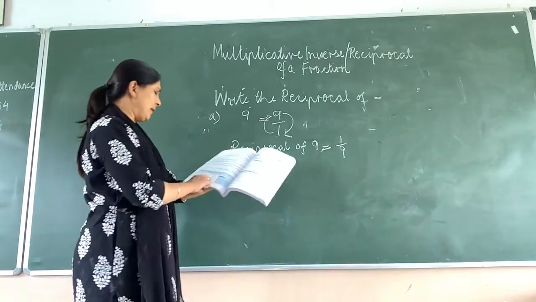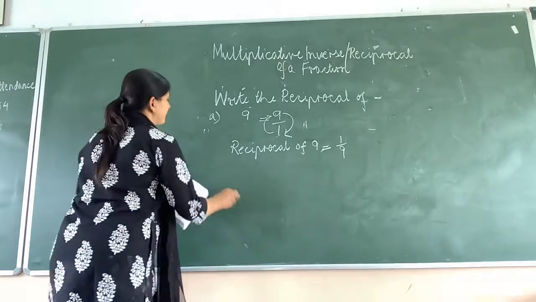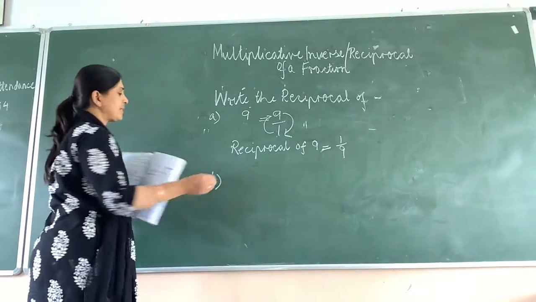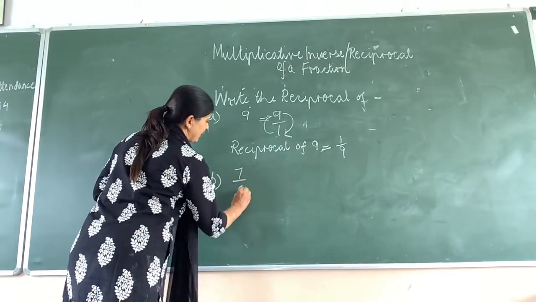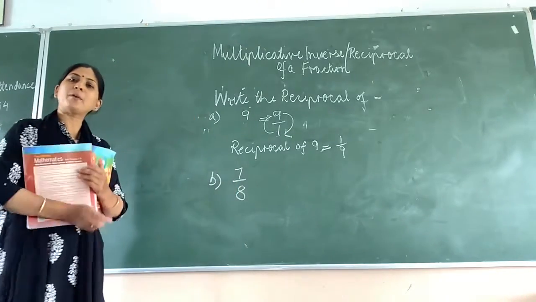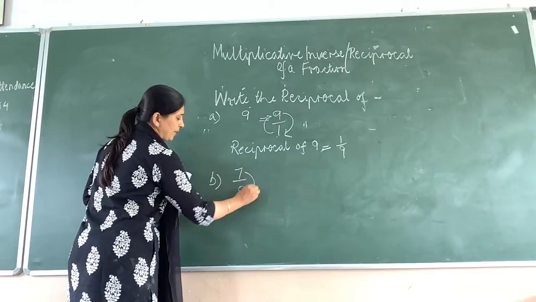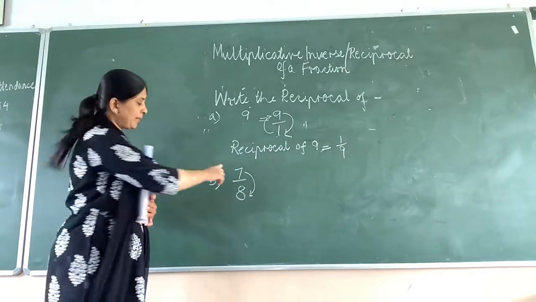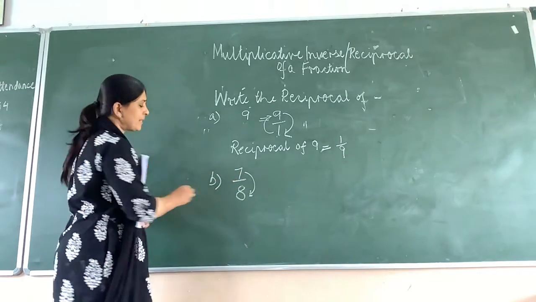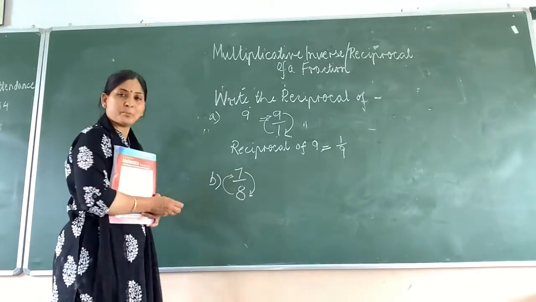Okay, now let's look at the second example. Now it is given in fractional form, 7 over 8. We have to write the reciprocal of 7 over 8. To write the reciprocal, numerator will come in the denominator place and denominator will go in the numerator place.